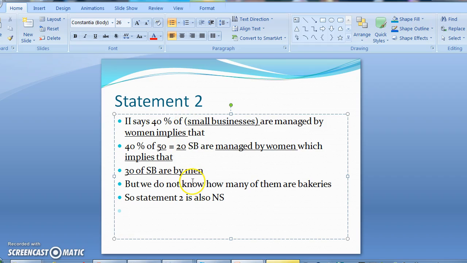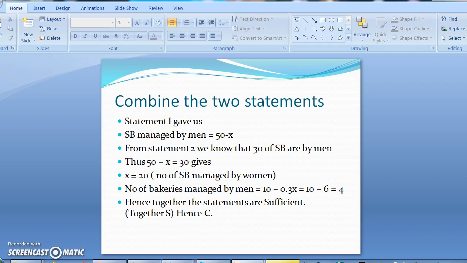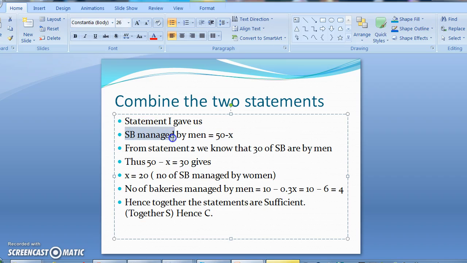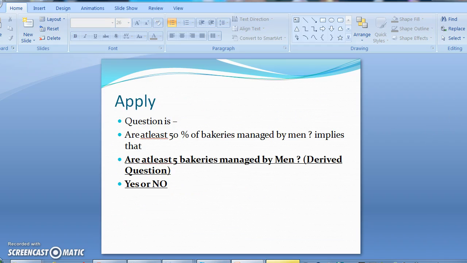Hope you're getting the train of logic. It's an extremely logical question, so be sure to stay with me. Alright, great. Now is the time when we combine the two statements. Let's recap a little bit. Statement 1 gave us that the small businesses managed by men is 50 minus X, if you recollect from that slide.